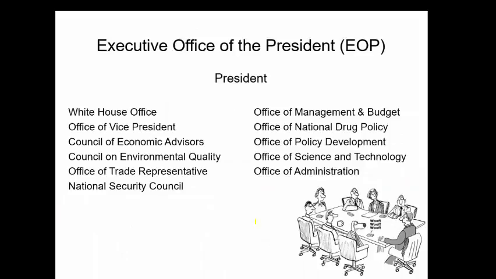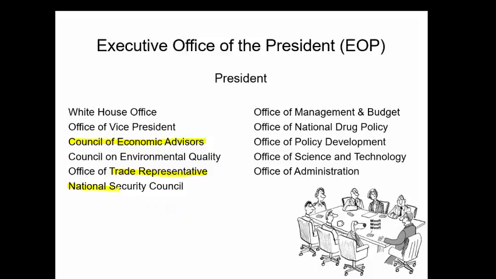Let's talk for just a minute here about the executive office of the president. You may have heard of these inner office advisors directly to the president that he selects to advise him on various affairs, such as the Council of Economic Advisors, the Office of the Trade Representative, talking about our role in the world as far as trading.